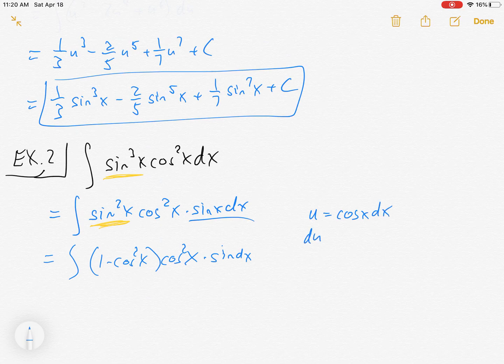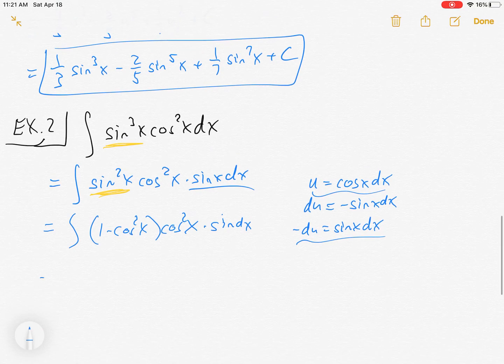Very similar to the last one, except I'm not going to have to do that squaring. So my u is the thing where I have a multiplicity of stuff. So I have lots of the cosines. My du is my single one that was plucked out. We do have to deal with this negative here.